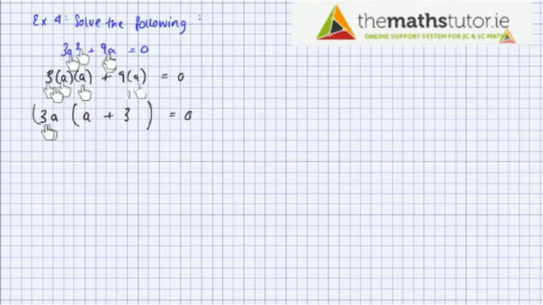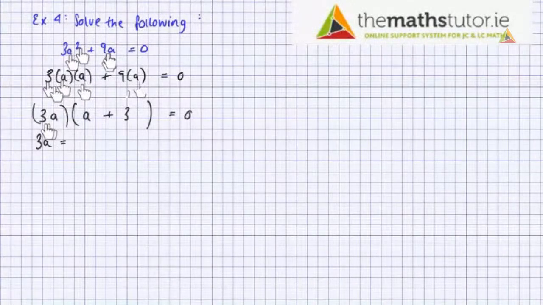So we now have two roots. So we say that 3a equals 0, so that bit, and then we say a plus 3 equals 0. Now remember it said solve, which means solve for a. You want values of a. Okay, so if 3a equals 0, a is equal to 0 over 3.